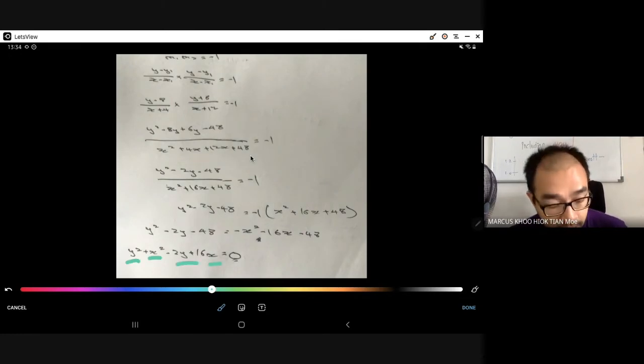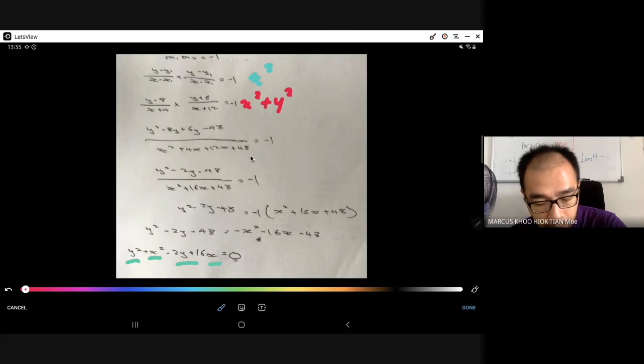And generally we find that we want to rewrite this answer again so that all the squares are in front and then all the non-squares are behind, and the x comes first. So I would rewrite this as x squared plus y squared plus 16x minus 2y equals to 0.